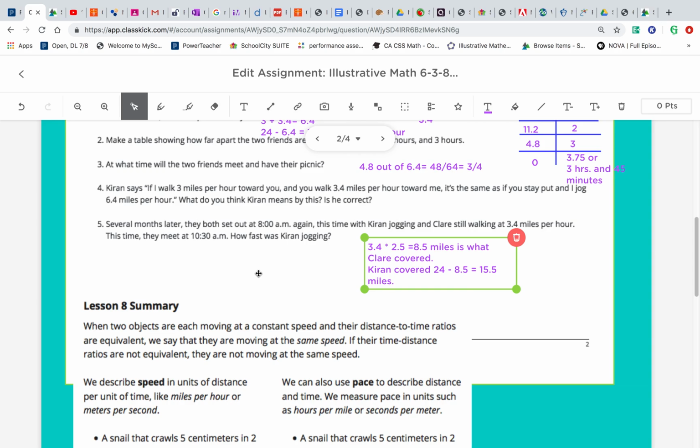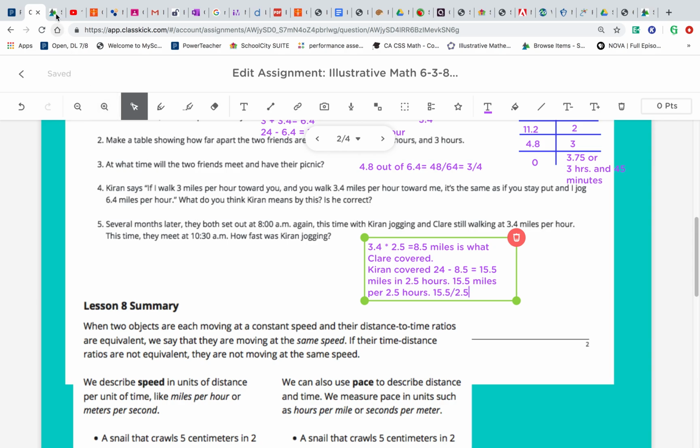And in how much time? 15.5 miles, we said it was in 2.5 hours. So 15.5 miles in 2.5 hours, or 15.5 miles per 2.5 hours. Okay, which means what we're really talking about here is 15.5 divided by 2.5.